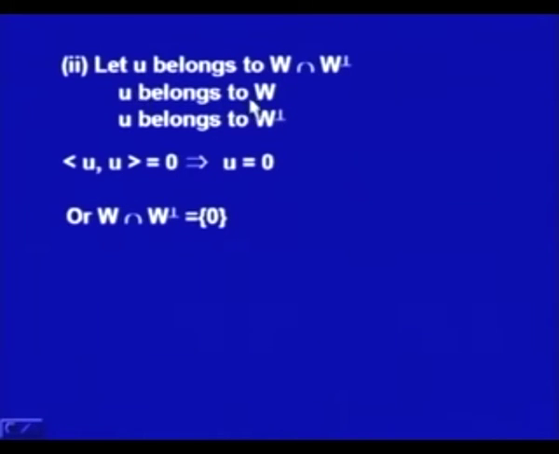So, we take u from W and we take u from W perpendicular. So, the inner product of u comma u is 0, and that means u is equal to 0. So, if u belongs to W intersection W perpendicular, then that vector has to be 0. So, that simply means that W intersection W perpendicular is nothing but the 0 vector.